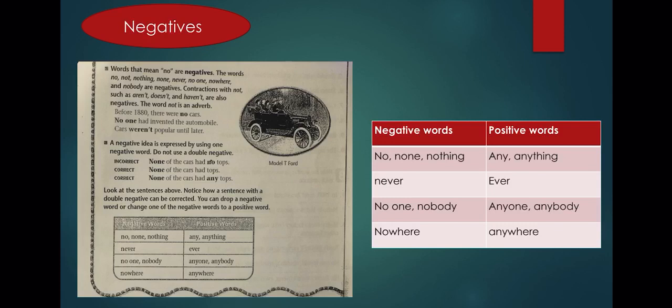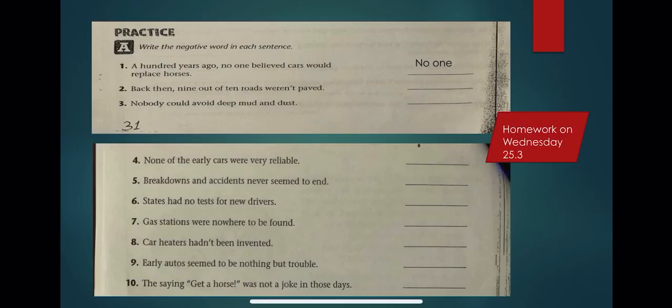So we can use a negative word with a positive word in the same sentence, but we can't use two negative words in the same sentence. I can correct a double negative sentence by dropping one of the negative words or replacing one of the negative words with a positive word. Okay, now we have practice A, which is on your pages 31 and 32.